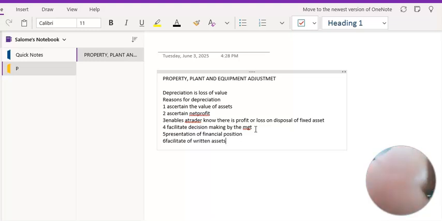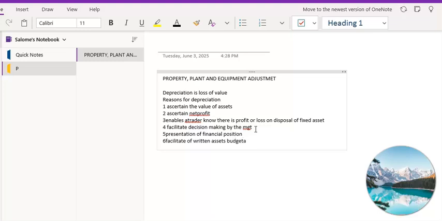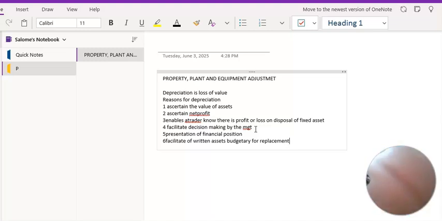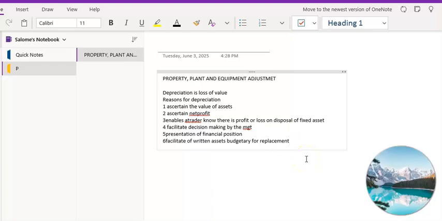Therefore, budgeting for replacement. If management would like to replace these assets, then they need to budget for it. So you must calculate the loss of value of those properties, and then we see now we can replace them with new ones. Now, class, let's go to the causes.